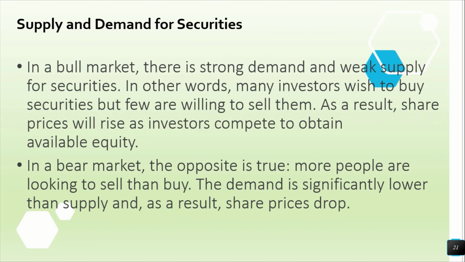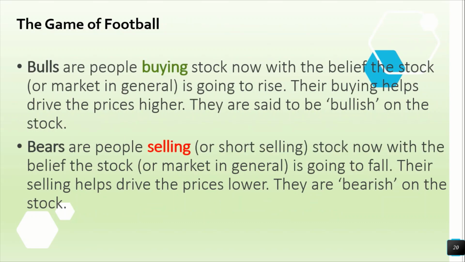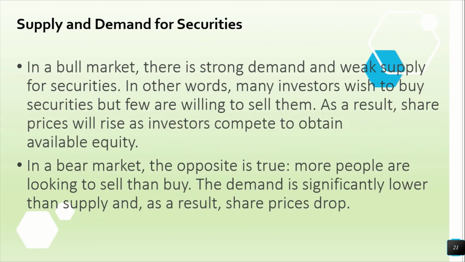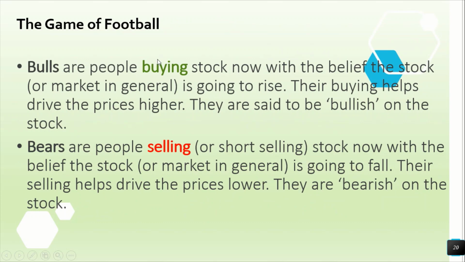So, in a bull market, there is a strong demand and weak supply for securities. So, alam natin, pag sinabi nating bull, it's a buying activity. So, there is a strong demand. Strong demand means there is a large or huge buying activity. So, when there is strong demand, there is a huge buying activity.